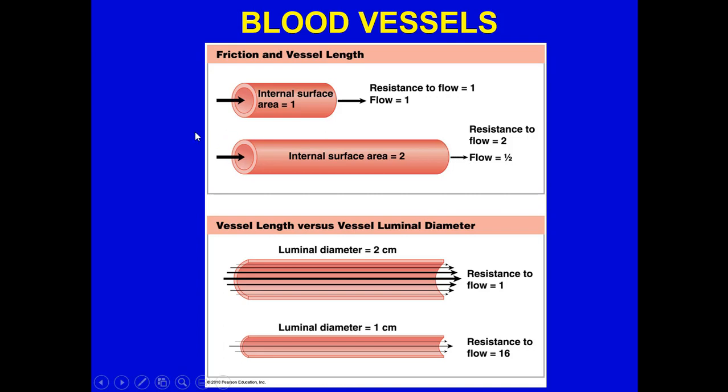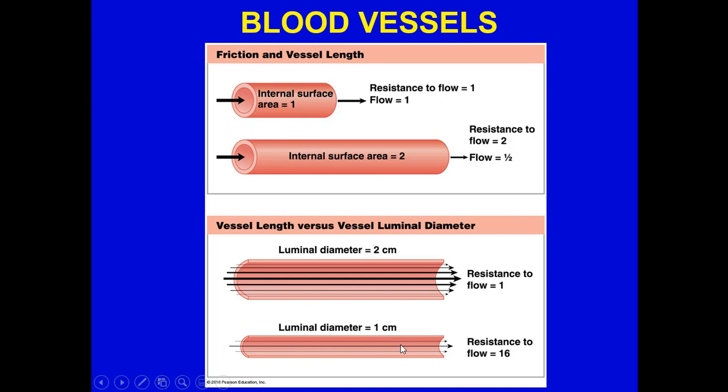Okay? Here's another way to look at it. Vessel length versus vessel luminal diameter. The lumen is the area where blood is flowing, right? Okay. If the luminal diameter gets decreased, I'm going to increase the amount of contact of the flowing liquid, in this case blood, with the walls.